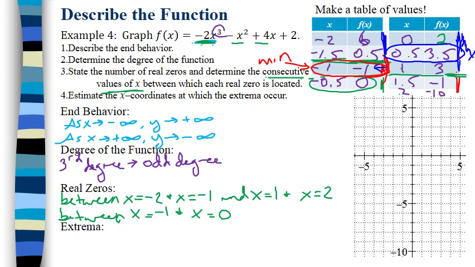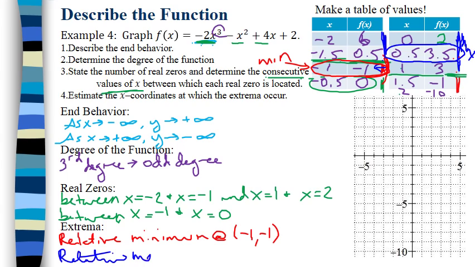So it looks like we're going to have a relative minimum of -1 at -1. And then we have a relative maximum at 1/2, 3.5.